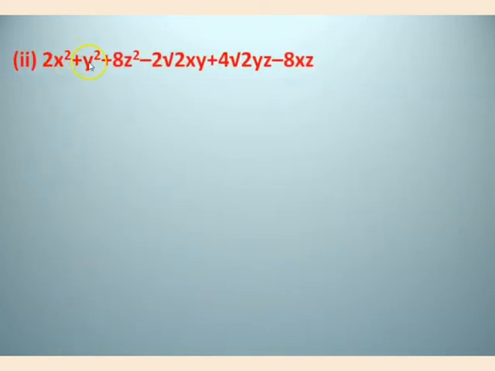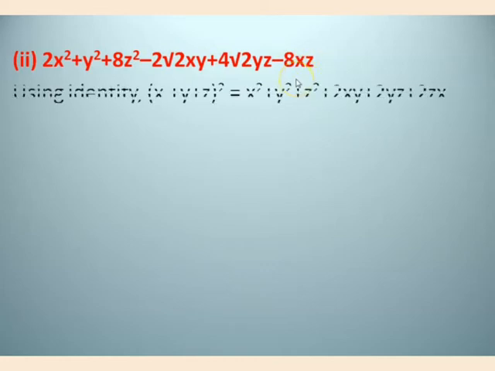2x squared plus y squared plus 8z squared minus 2 root 2 xy plus 4 root 2 yz minus 8xz. So we are going to use the same identity as we are having x squared term, y squared term, z squared term, xy, yz and xz. Writing the expression.